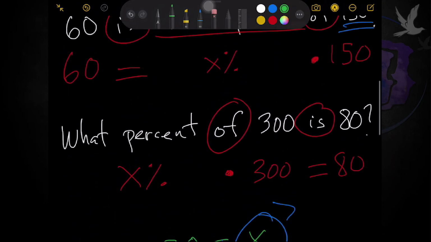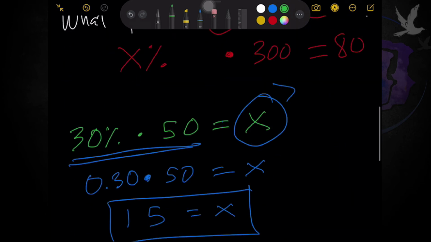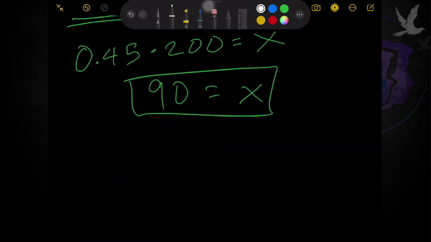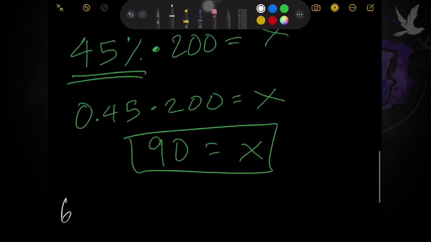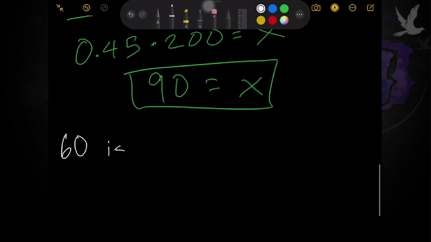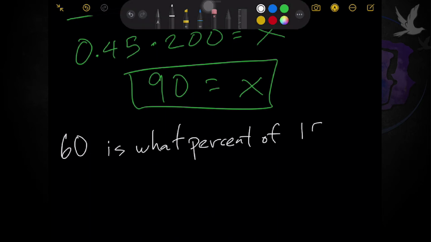Ngayon, dito tayo ngayon mahihirapan. I mean, not actually mahihirapan, but to give you the thought of this. 60 is what percent of 150? Let me write that sentence down again. 60 is what percent of 150? Okay, when doing this as much as possible, mas maganda if we have a single line, single sentence lang.